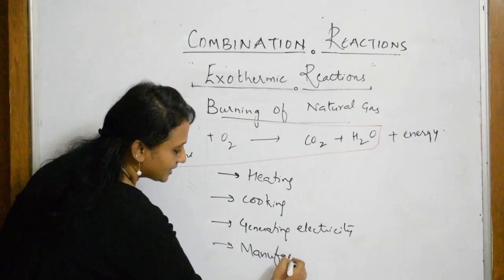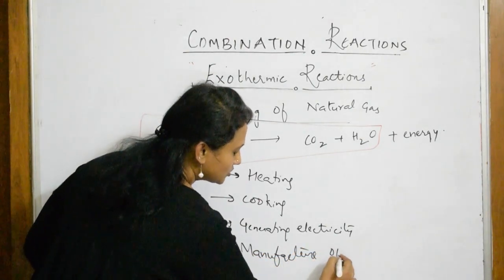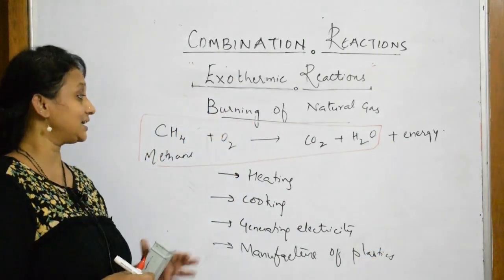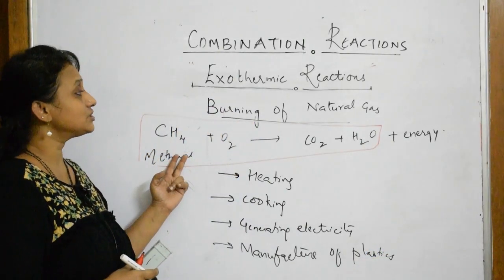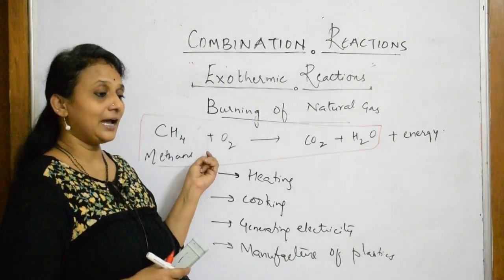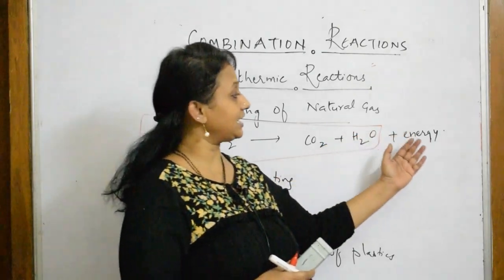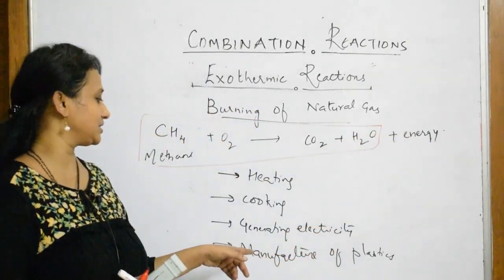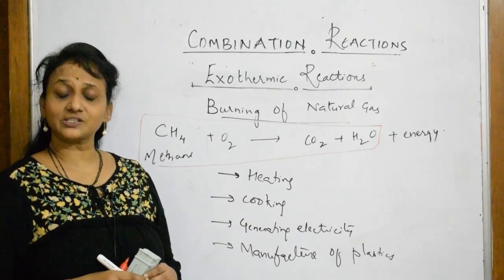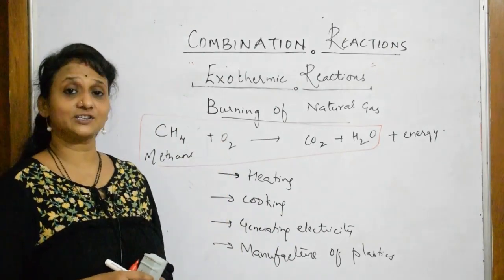So what is important here is using natural gas, and the concept of combination reaction, two combining by releasing energy, and that energy we are using. There are a lot of uses, I just gave you the main ones. So this is the information about burning of natural gas.